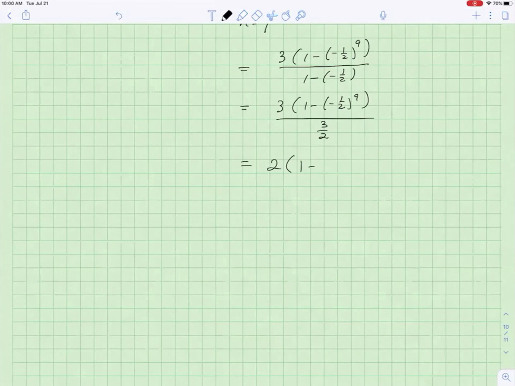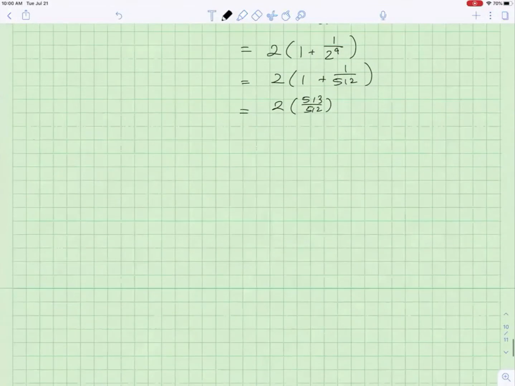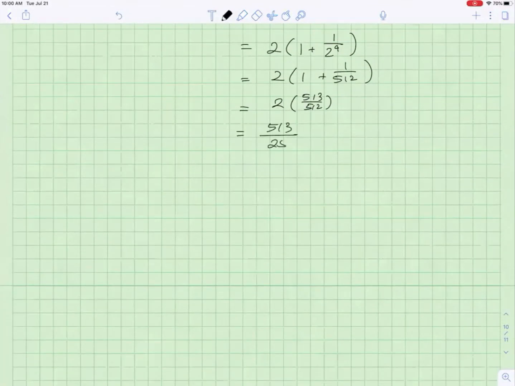If I raise a negative number to an odd power, it will become positive. It'll be 1 over 2 to the 9th power, which is 2 times 1 plus 1 over 512, which is 2 times 513 over 512, which is 513 over 256.